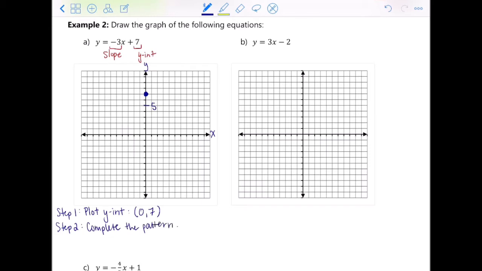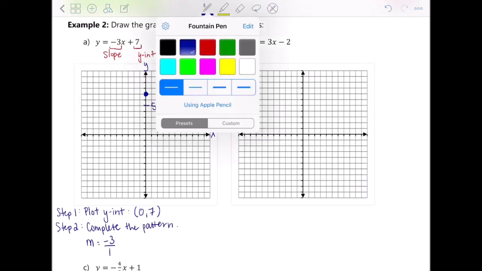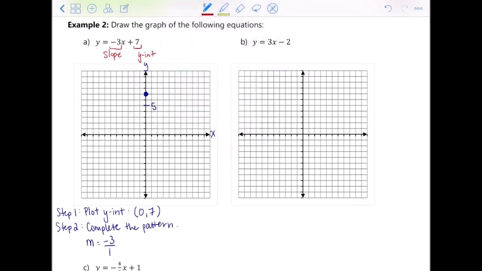So when slope equals -3, we know right away we have that over 1, but we just don't write it. So the numerator indicates that the point is going to go down 3 and then 1 to the right. So we're going to continue this pattern here.